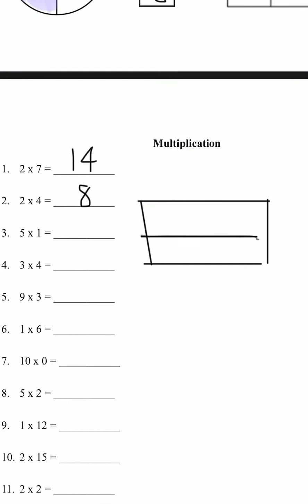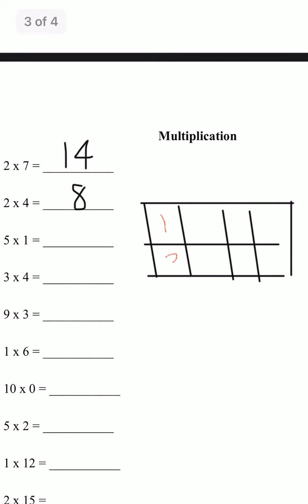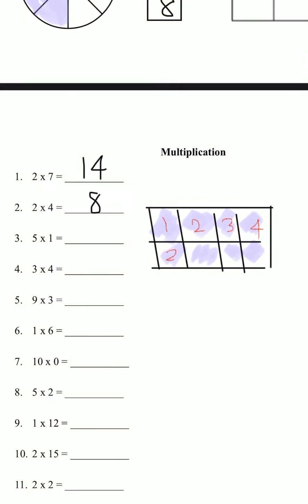So if you check, we have 1, 2 vertically, and horizontally we have 1, 2, 3, 4. So if you count them together, 1, 2, 3, 4, 5, 6, 7, 8. Okay, so the answer is correct.